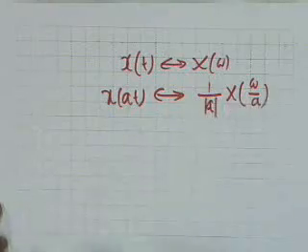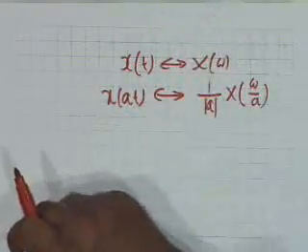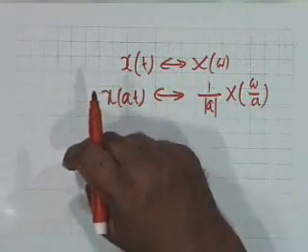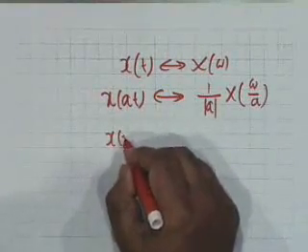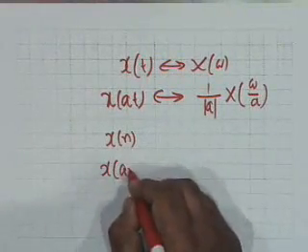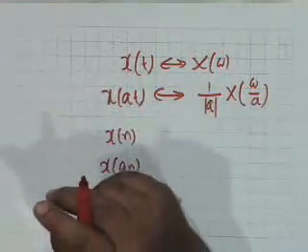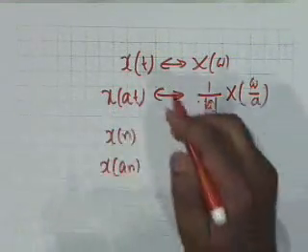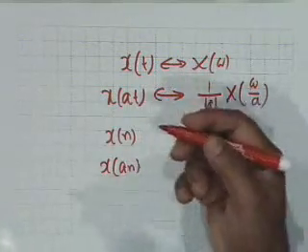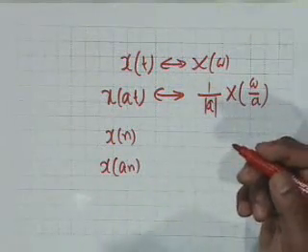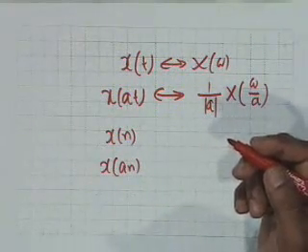Now, this loses its significance in the discrete time domain, because if you have x of n, then what does x of a n mean? Unless a is an integer, it does not mean anything, and therefore the scaling in the time domain has to be viewed very cautiously if it is a discrete time signal.